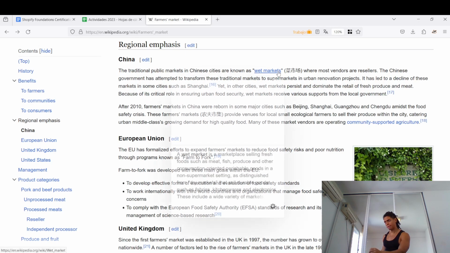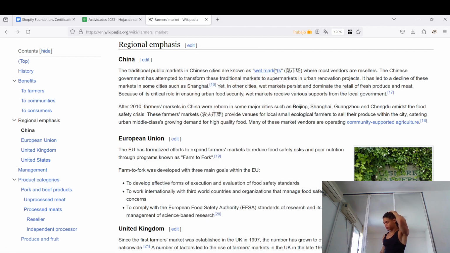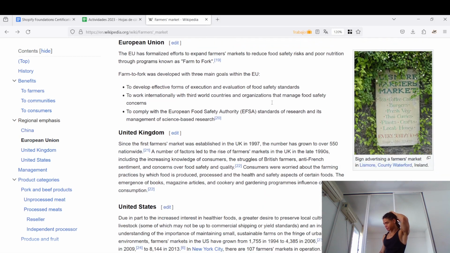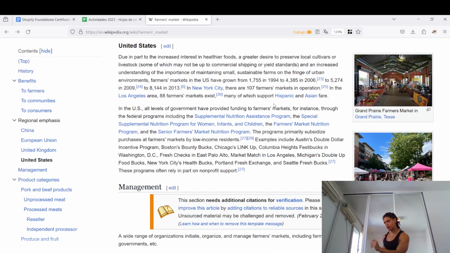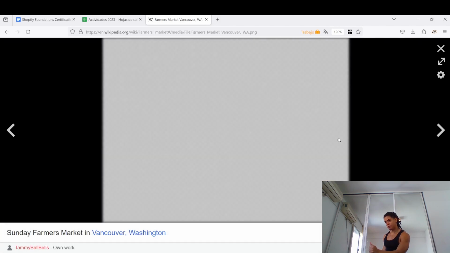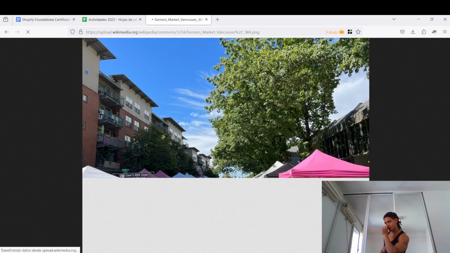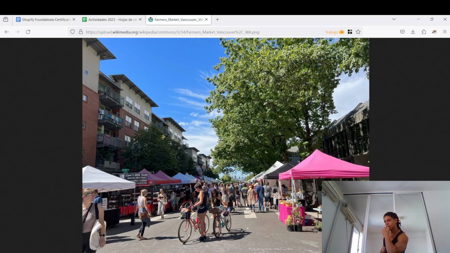Wet markets, where most vendors are resellers. Some of the farmer markets. Exactly. Even in California. So farmer markets.